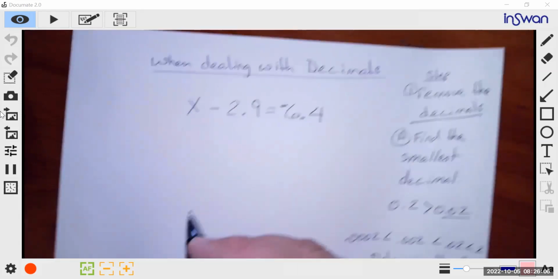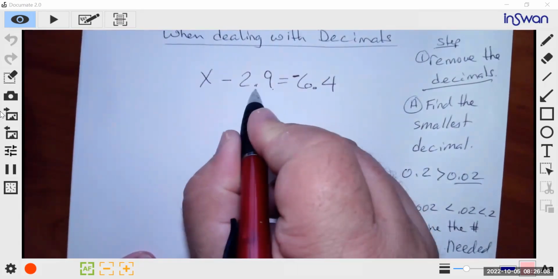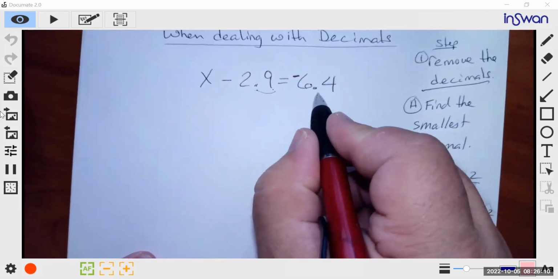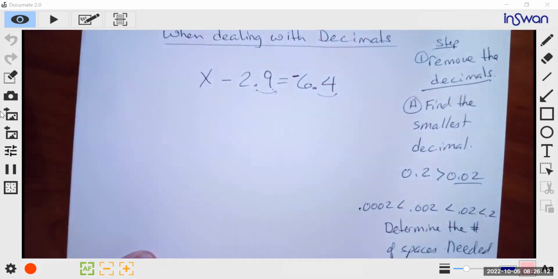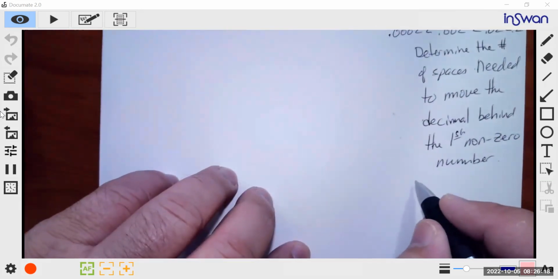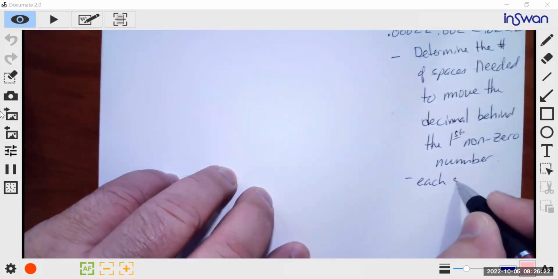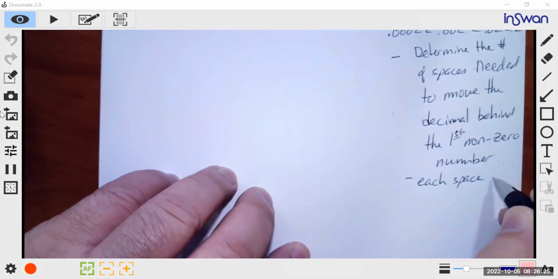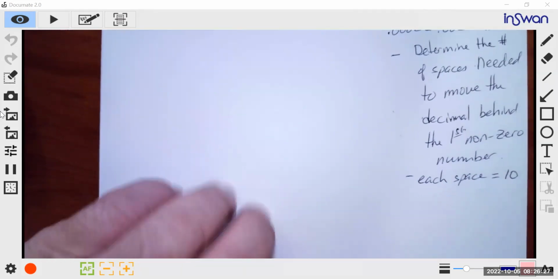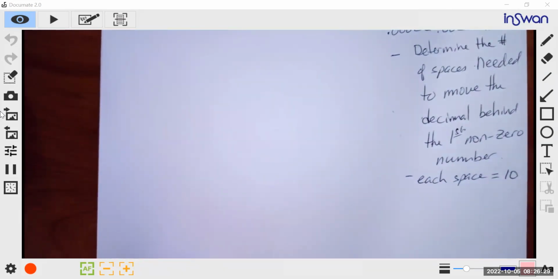So in our case, when we get the decimal there, both of them are only one space. Each space equals 10.